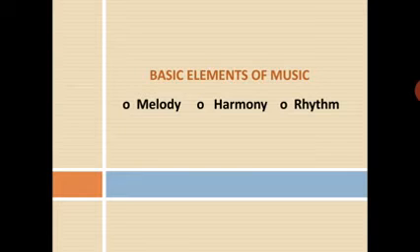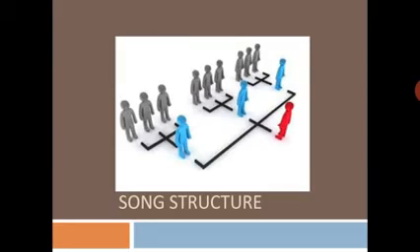Now, that is not to say that we only have three. There are other elements that make up music. For example, we have tempo. Tempo talks about speed, the speed of a song. We have pitch. Pitch describes how high or how low a tone is. We have timbre. Timbre describes the color of the sound.